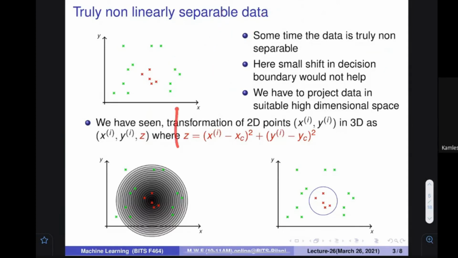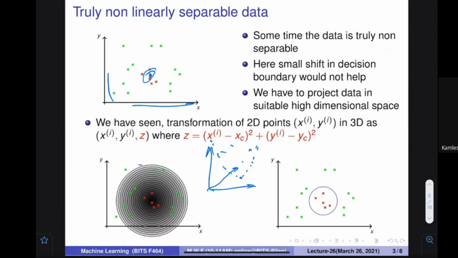If I see from this particular direction, this is the xy plane, and I'm going to see from the z direction. This is x, this is y, and if I look along the z direction, these points would be here, but the faraway points would be above.